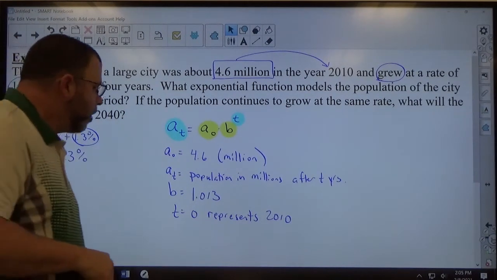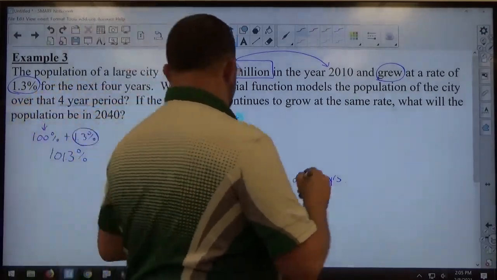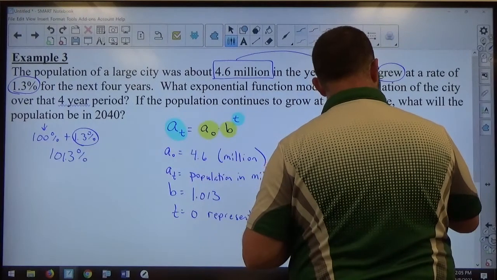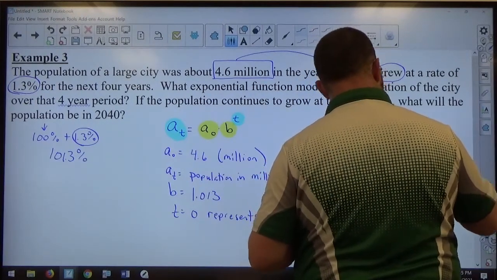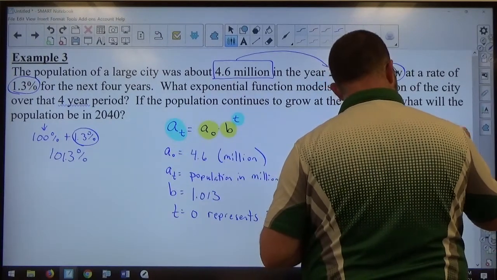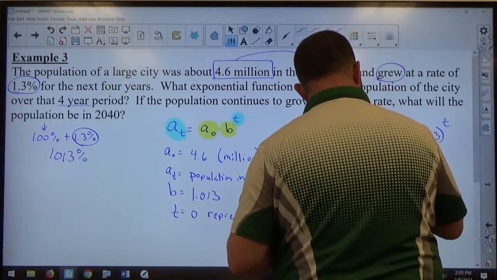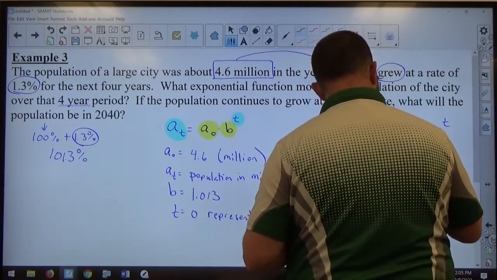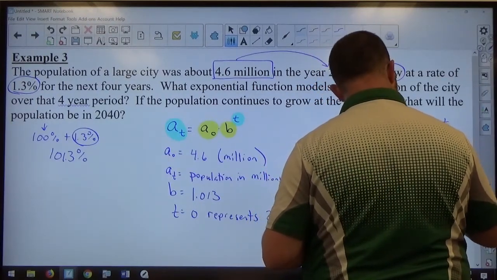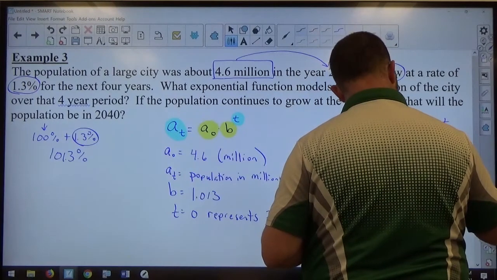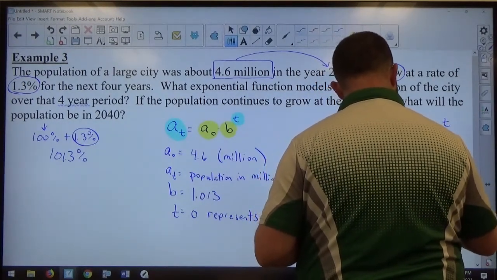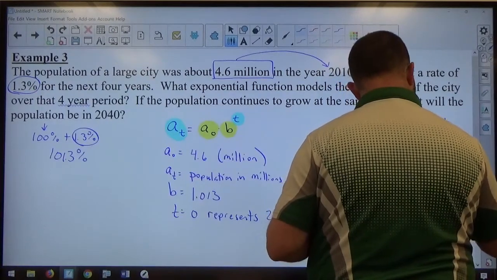So the formula I'm going to get here is going to be a sub t equals 4.6 times 1.013 to the t power, where a sub t is the population in millions, and t is the number of years after 2010.